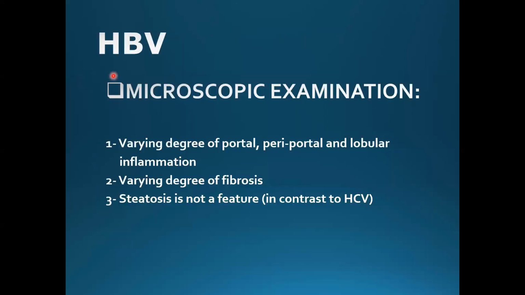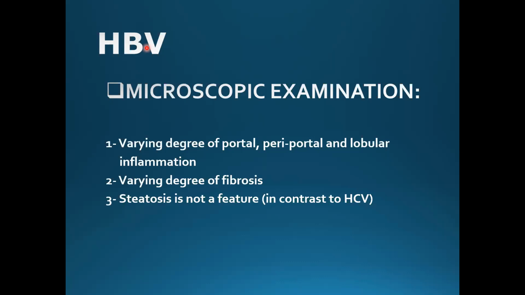Okay, so what do you see on histopathology examination? Again, it is a chronic inflammatory process, a chronic hepatitis, in the liver. It will be focusing on the portal and periportal areas, with a little bit of spillover in terms of piecemeal necrosis and interface hepatitis.